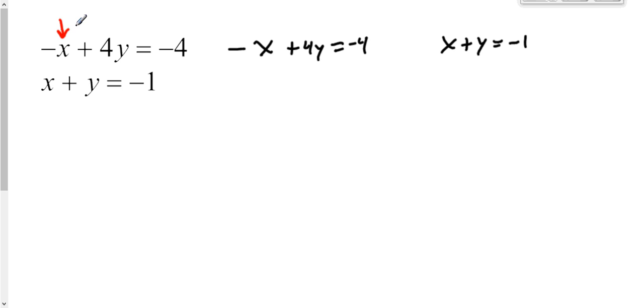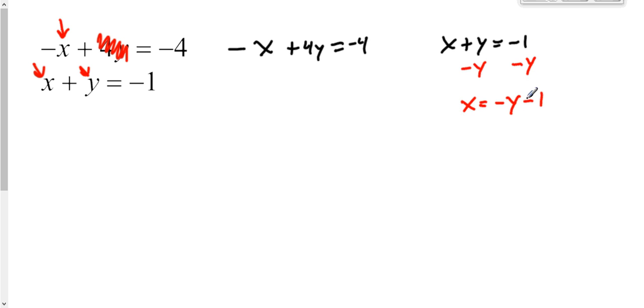This x is almost by itself, this x is almost by itself, and this y is almost by itself. This 4 would be a poor choice. We should not choose to get that one by itself. I'm going to avoid the negative, so I'm really choosing between x and y over here. Both of them are just as simple. In this case, I'm going to get x by itself.